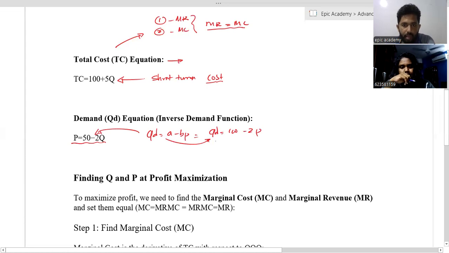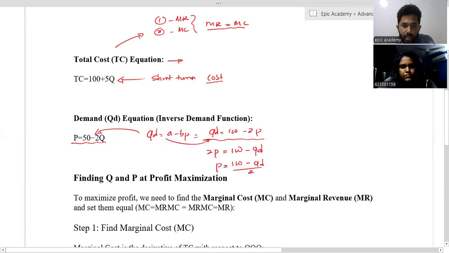As an example, if we convert that equation into that format, 2P changes side, it becomes plus 2P, and 100 is available. QD becomes minus QD. And then P equals 100 minus QD divided by 2.